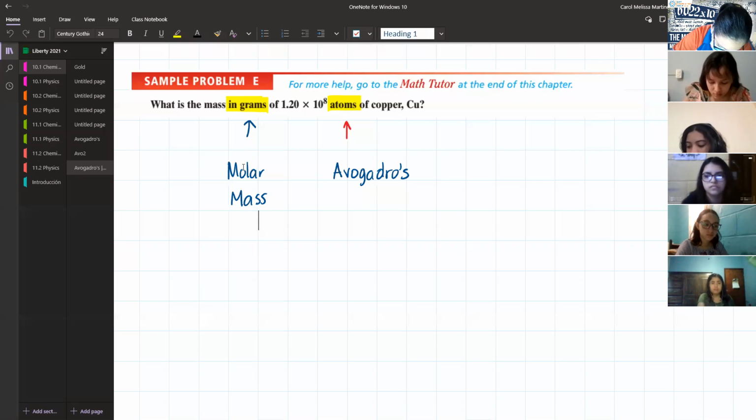Okay, what do we know about copper? It has the atomic mass of 63.55 AMU.